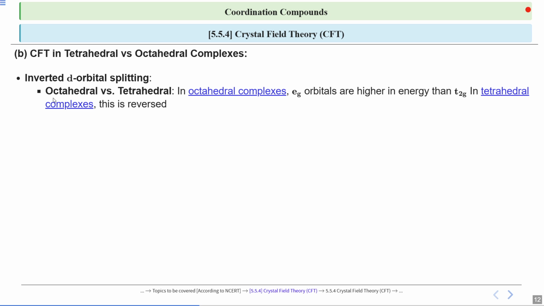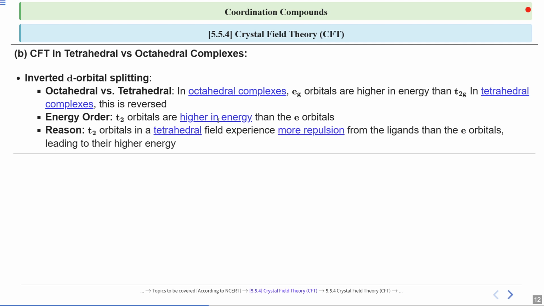But in the tetrahedral complexes, this is reversed. The e orbitals have lower energy and the t2 orbitals have higher energy. So this is going to be the energy order: the t2 orbitals are higher in energy than the e orbitals.